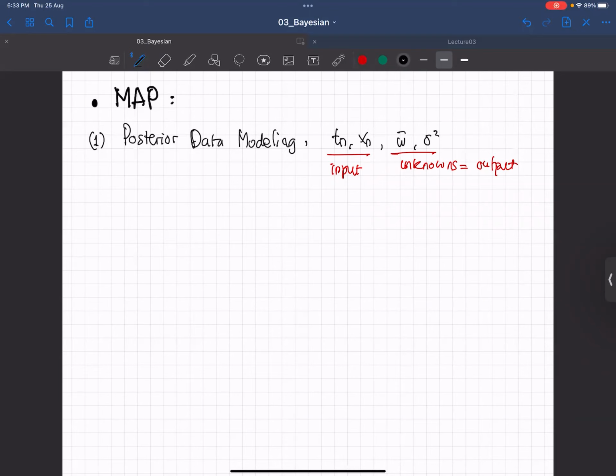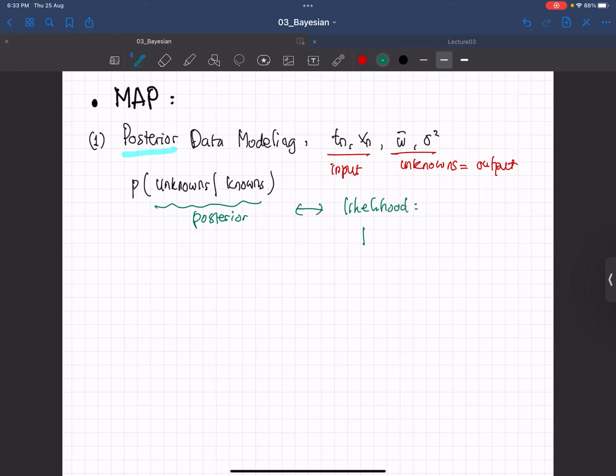Now, when we talk about posterior, we have to define P of what? Unknown or known? Unknown. Posterior is something intuitive because we want to know the unknown given the knowns. So this is basically a posterior. This is the basic idea of posterior, which is different from likelihood, because likelihood will be P of knowns given unknowns.